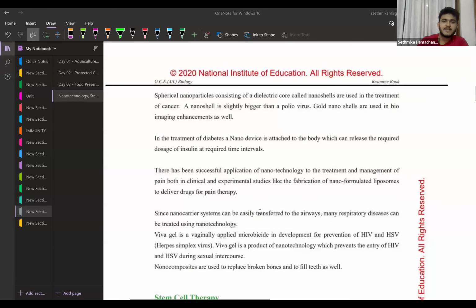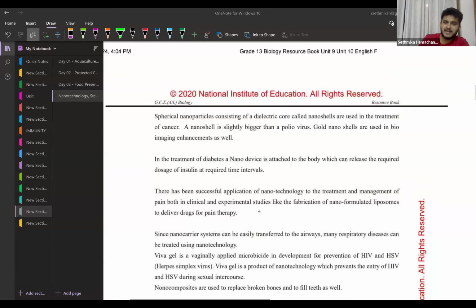Right. So spherical nanoparticles consisting of a dielectric core. What's a dielectric core?